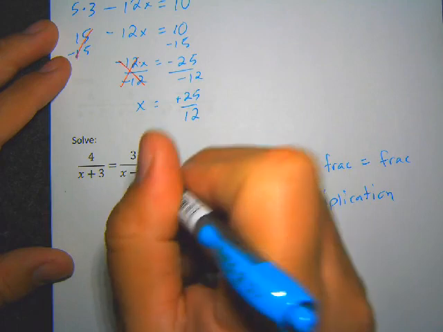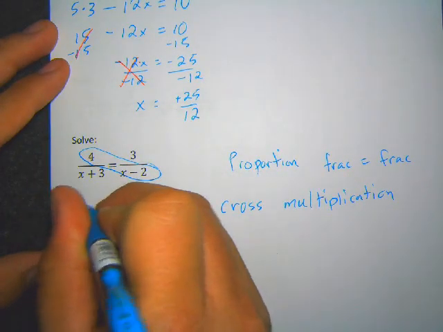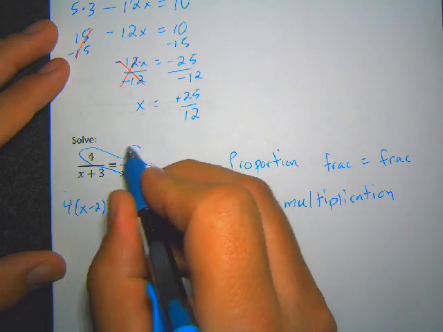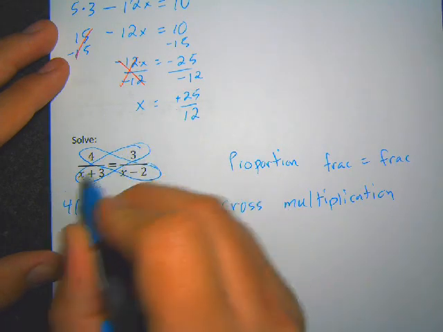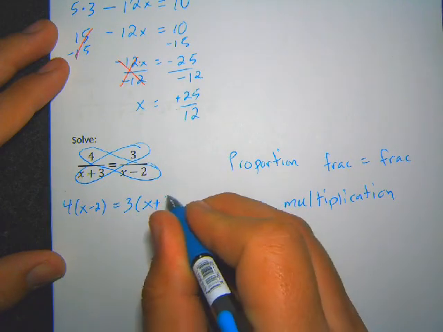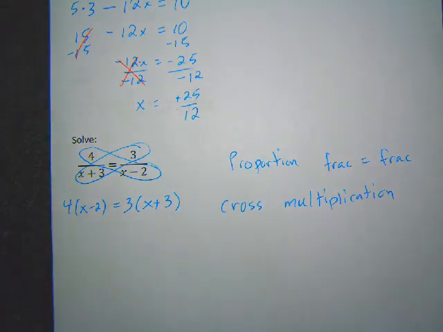So I'm going to take 4 times x minus 2, and say that has to be equal to 3 times x plus 3. Those two products have to be equal. So if these two fractions are equal, these two cross products have to be equal. And so that's something you can do with any proportion like this, where you have two fractions just set equal to each other.